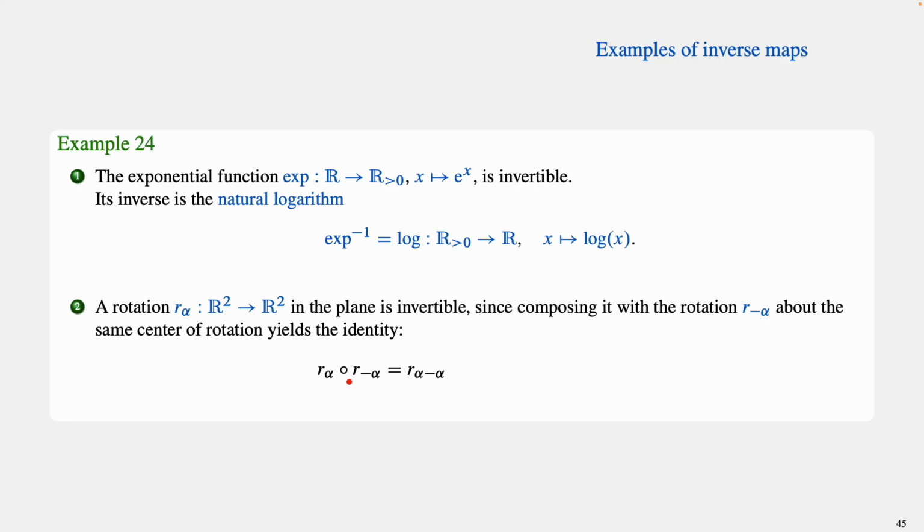So we first rotate by minus alpha, and then we rotate in the opposite direction by plus alpha, and together it is as if nothing at all had happened. So this composition yields the identity, r alpha minus alpha, which is r0, so just a rotation by an angle of 0. And that's of course the same as if we first rotate by plus alpha and then rotate back by minus alpha.